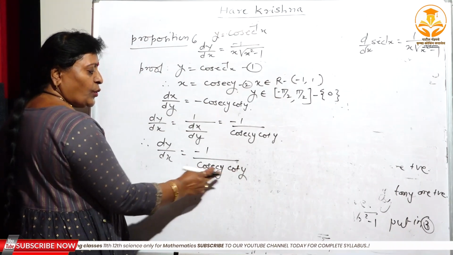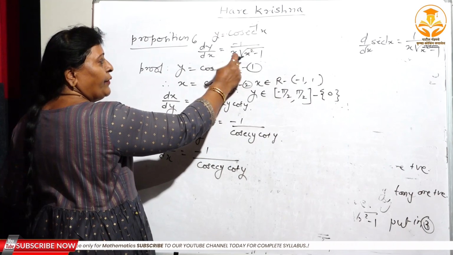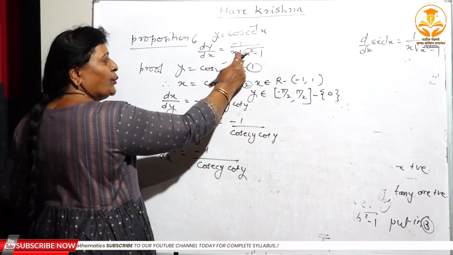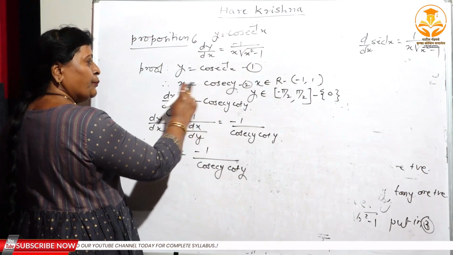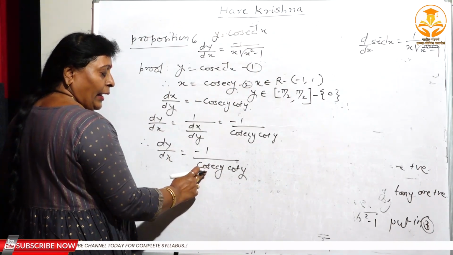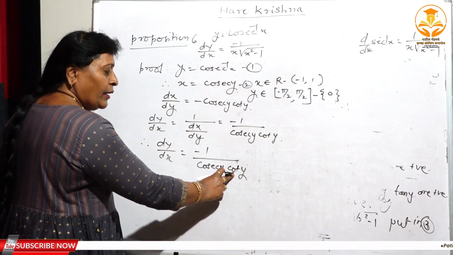But this cosec y and cot y we want in the form of x, because your derivative is minus 1 upon x root of x square minus 1. In place of cosec y you can put x, no doubt, but the question is of cot y.